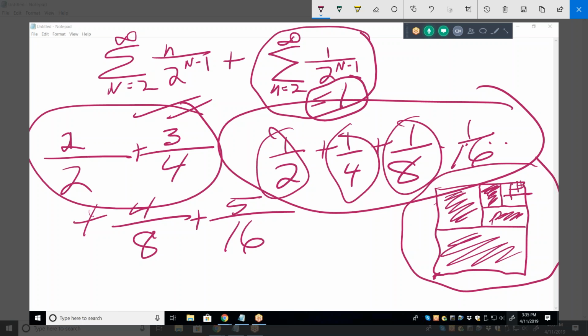It is 4? Okay, because what we have here, if I expand this series out on the left, I've got 1 plus 3/4 plus 1/2 plus 5/16 plus 6/32.